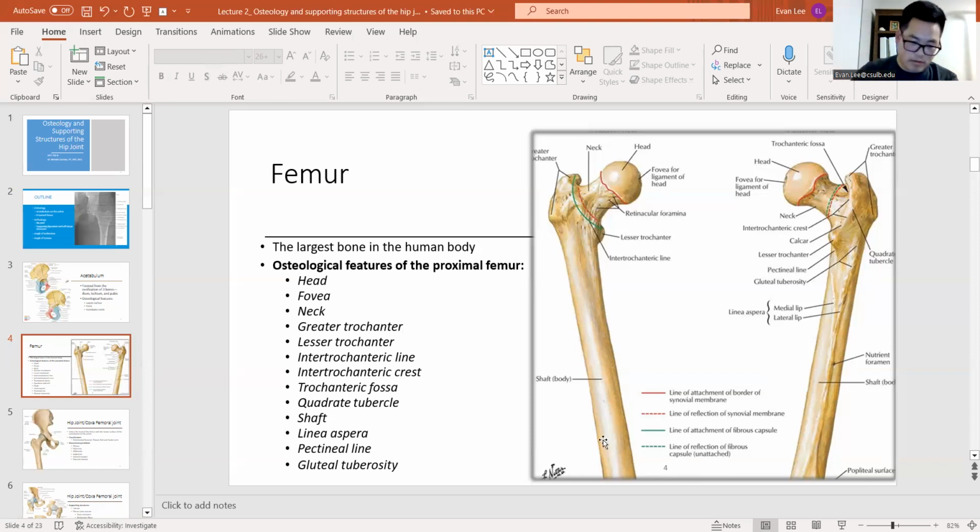It's a very smooth, rounded surface, very typical of what you'd expect for a bone. But on the back of the femur, there's a large ridge, and this is called the linea aspera. The linea aspera is this long ridge along the back of the femur.